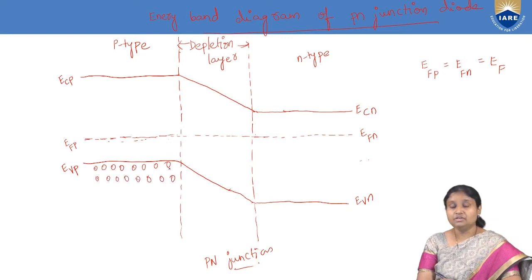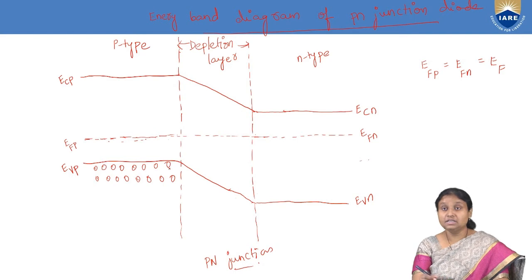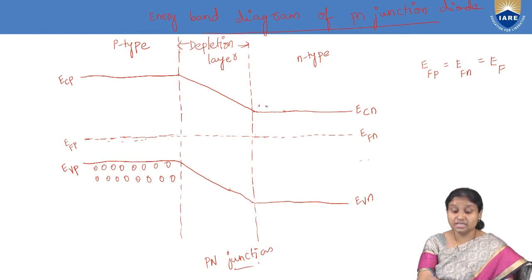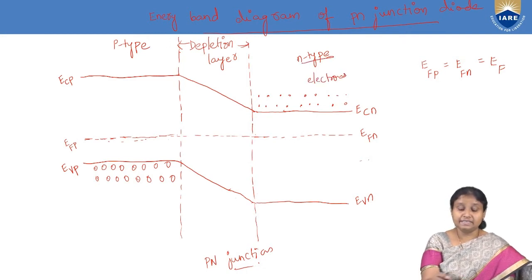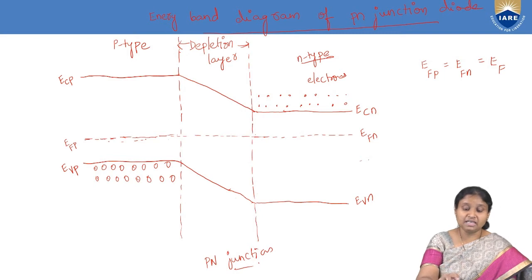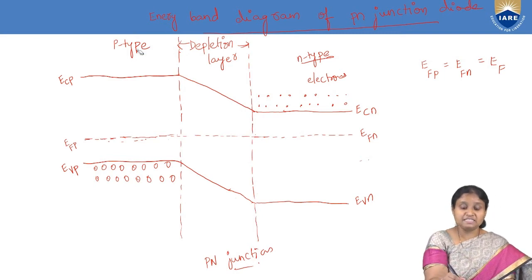Whereas in n-type semiconductor, the charge carriers are present in the conduction band. These are our majority charge carriers, electrons. Of course, this is the n-side. Instead of saying p-type, it is better to write it as p-side.